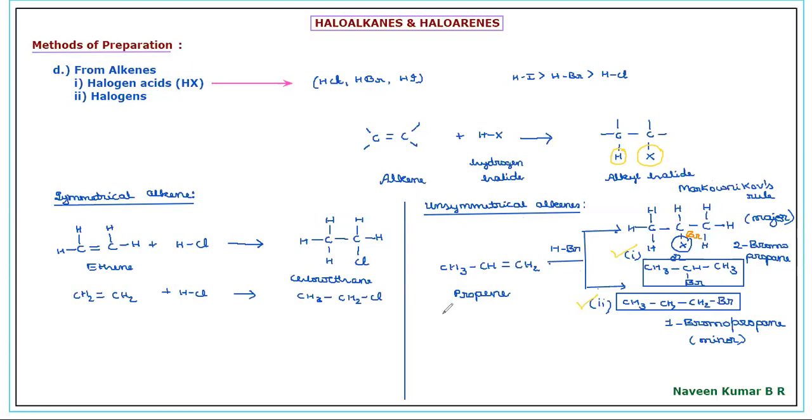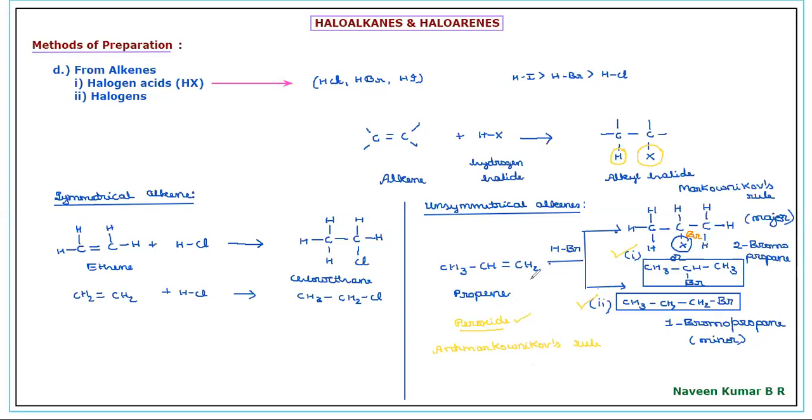You can remember another one also, the anti-Markovnikov's rule, that is, in the presence of peroxide, anti-Markovnikov's rule you can recall. That is, 1-bromopropane will be obtained in major yield in the presence of peroxide.